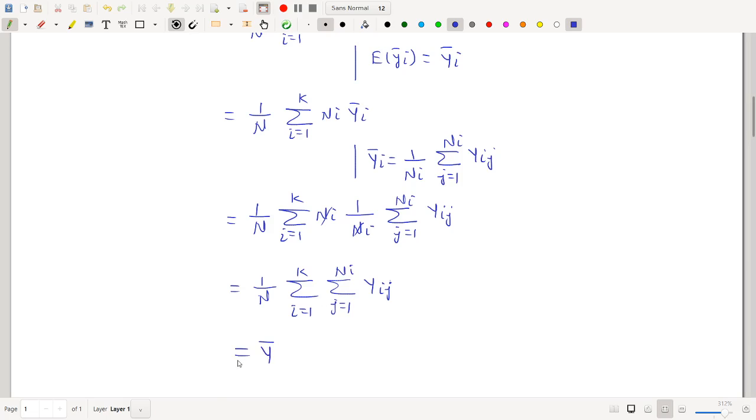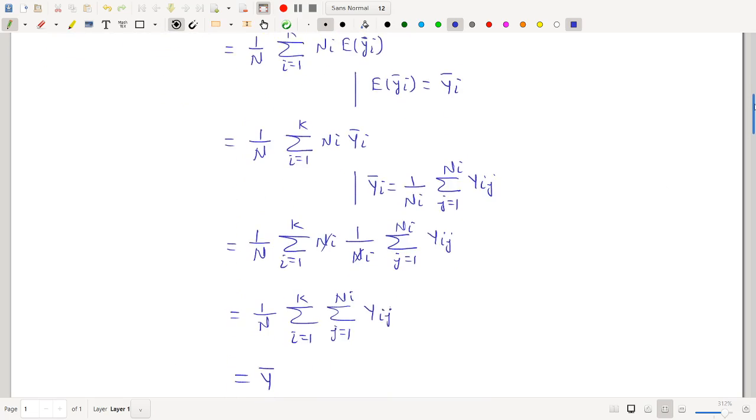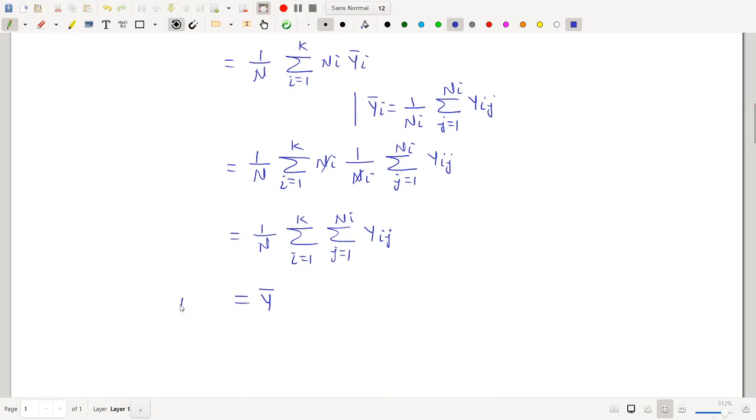So capital Y bar is actually the addition of all observations divided by the total number of observations, and the addition of all observations is denoted by double summation Yij. So we had started from expected value of small y bar st, and we had put this equal to capital Y bar.